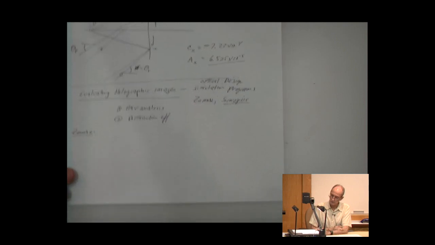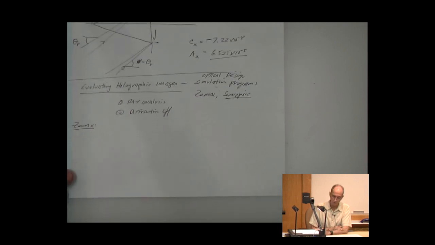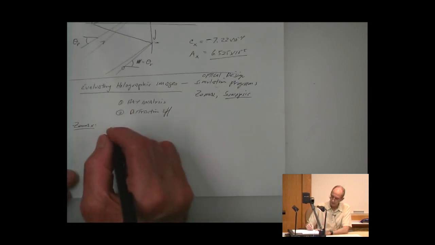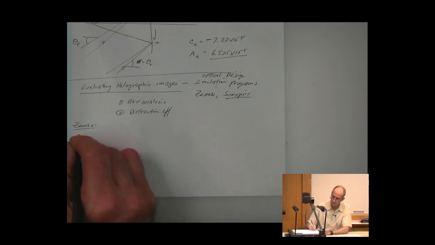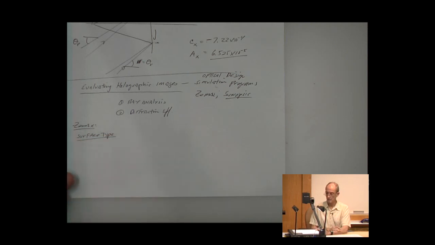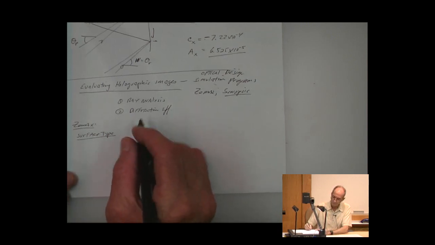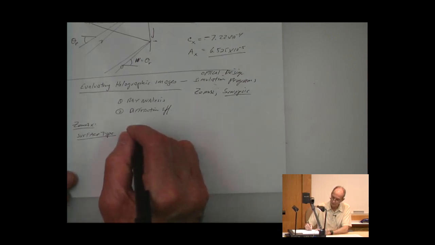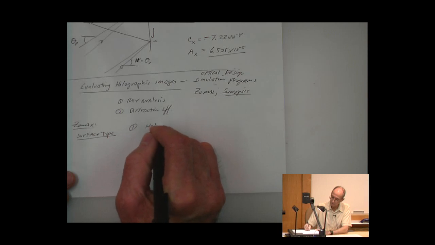there are three different ways to evaluate the performance of a holographic element. And these are in the surface types in the main editor that you have. One of the surface types is called hologram 1.